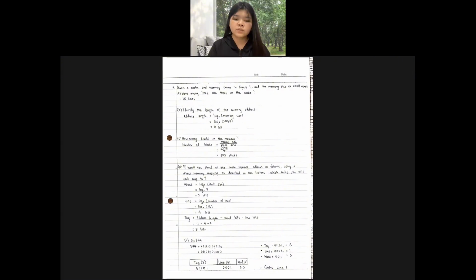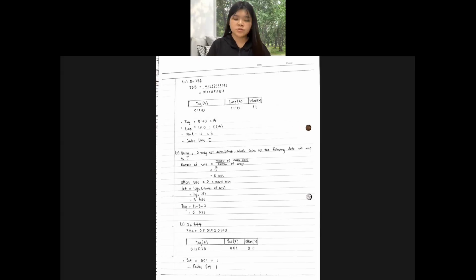For this, we are also focusing on the line bits. So the line bits equal 001, which is 1 in decimal and also 1 in hexadecimal. So the address 344 will map to cache line 1.